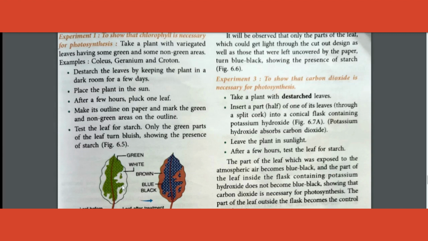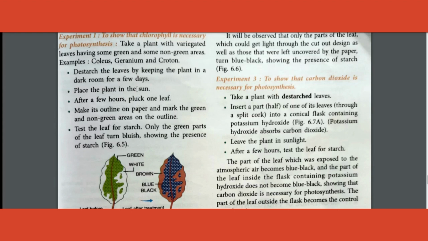You probably have seen such leaves, where light yellow color or purple color is there. Such a leaf we have to take. Wherever green color is there, we know that chlorophyll is there; that's why it is green. And we are checking if that is required for photosynthesis or not.